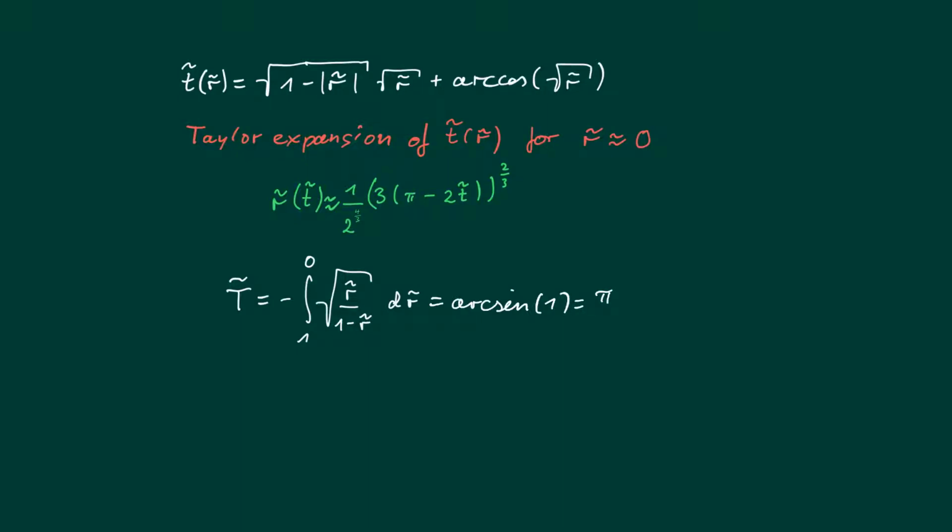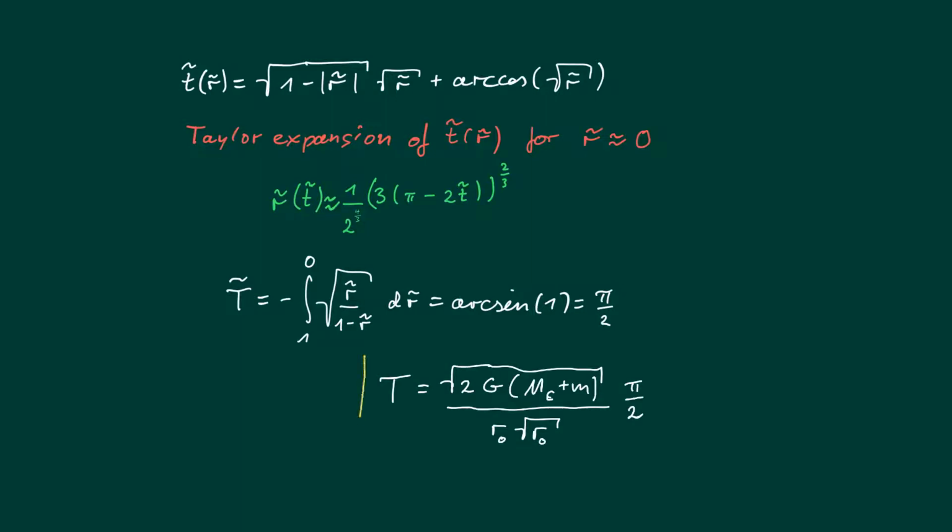And this is how the pi half enters here. So when we take out the 2, we have pi half minus t tilde. So putting the normal scaling back, we have this result here.